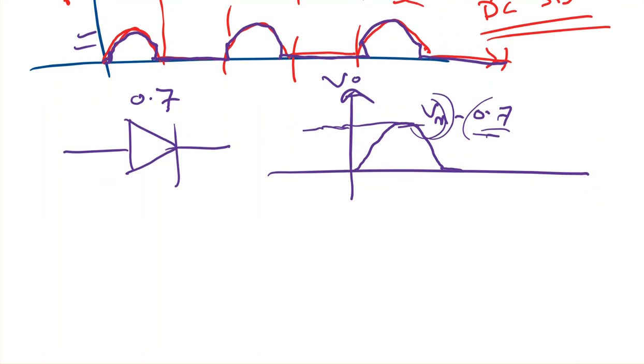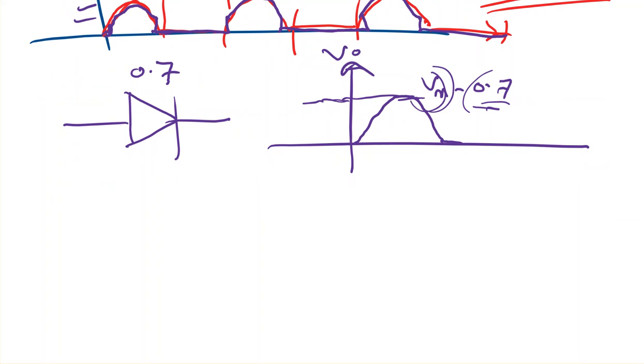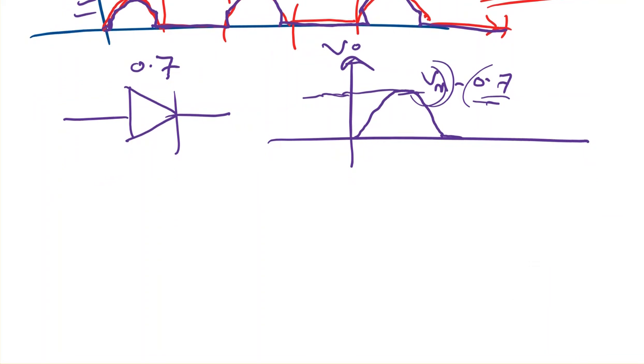Now, there are some parameters that are directly associated with half-wave rectification. The first one is called the average value.